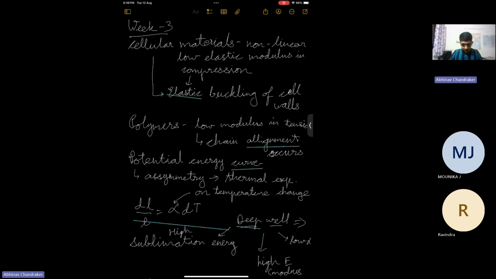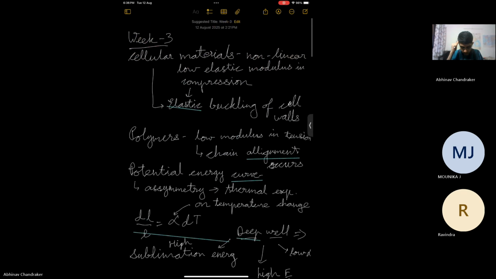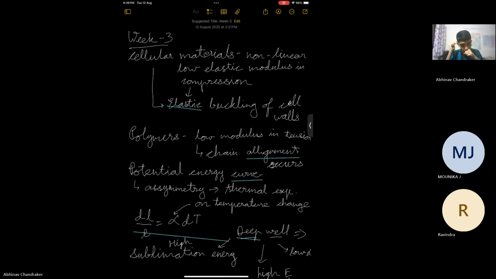So in week 3, a good amount of content was covered. In week 2 we had finished with elasticity. In week 3 we'll start looking at plasticity. But before that, we'll look at some other elasticity and bonding related things. We had already talked about polymers.